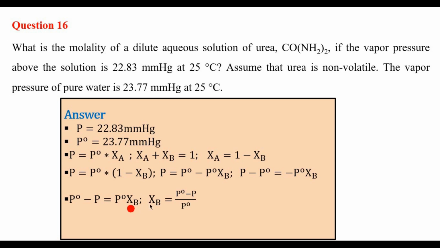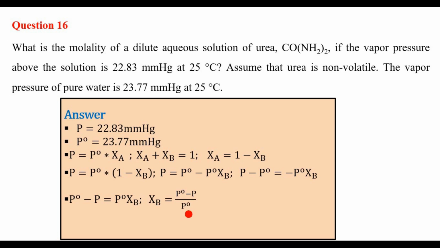That means the mole fraction of the solid will be equal to the vapor pressure of the pure solvent minus the vapor pressure of the solution, divided by the vapor pressure of the pure solvent. So by using this formula, we can determine the mole fraction of the solid, and the solid that was given is the urea.